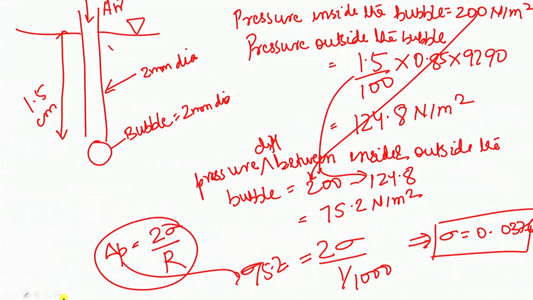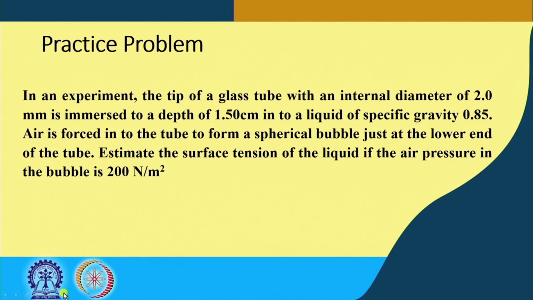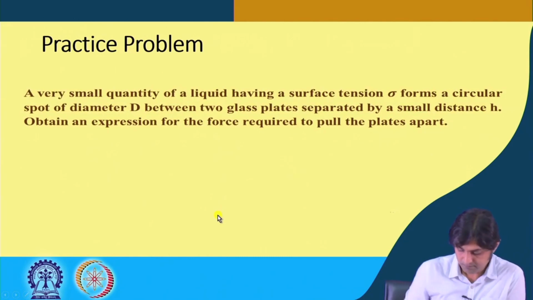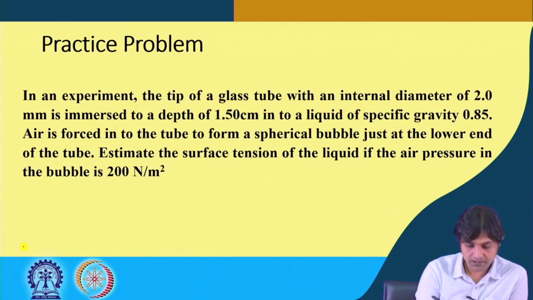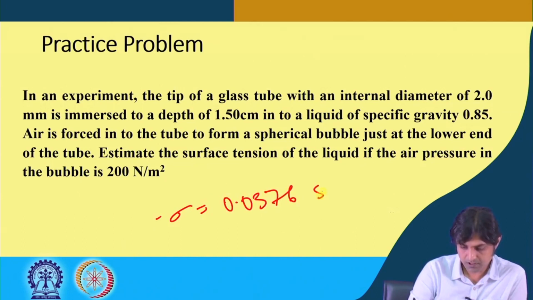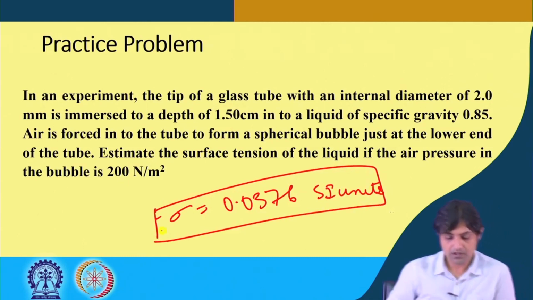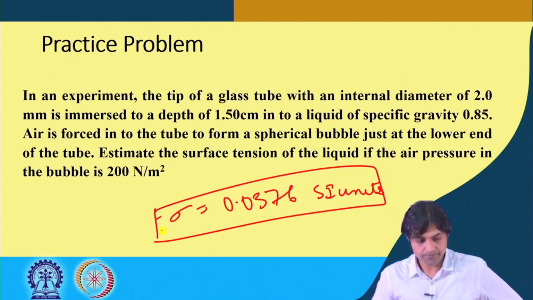We can now see that in this we found out, we'll select the pen, and then this sigma here came out to be 0.0376 SI units, okay. Now we go to the next problem.